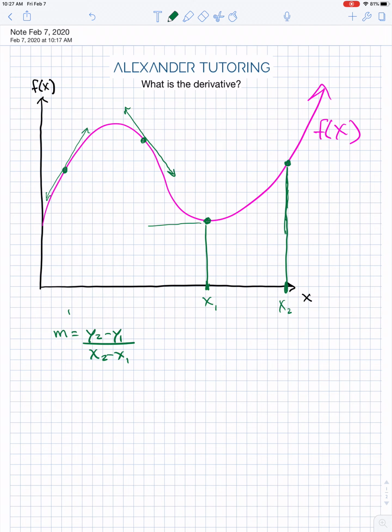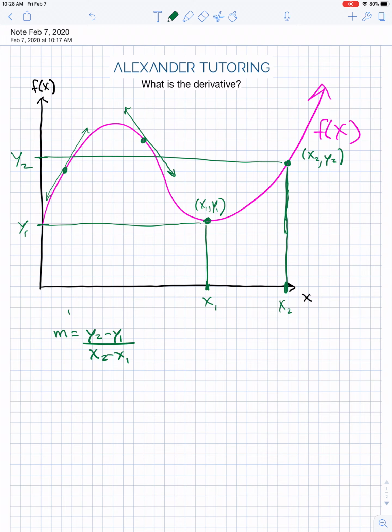And those correspond to y values. So if we shoot straight over to the y-axis, we'll have y1, and for this one, y2. Okay? That means our first point has coordinates x1, y1, and our second point has coordinates x2, y2. The 1s and 2s are just so you don't confuse the 2 points.